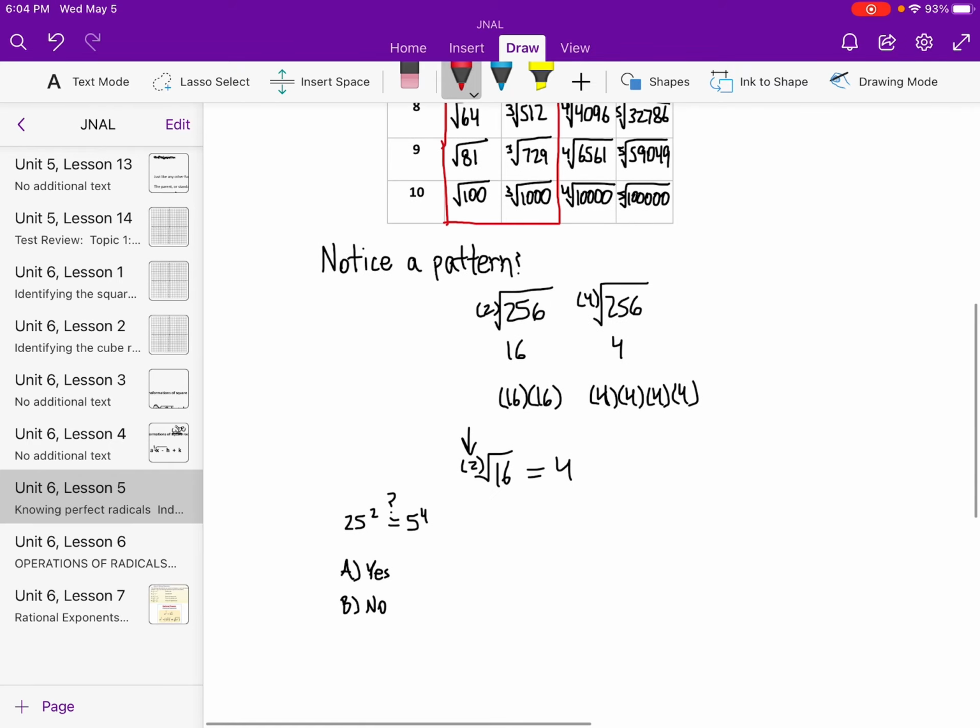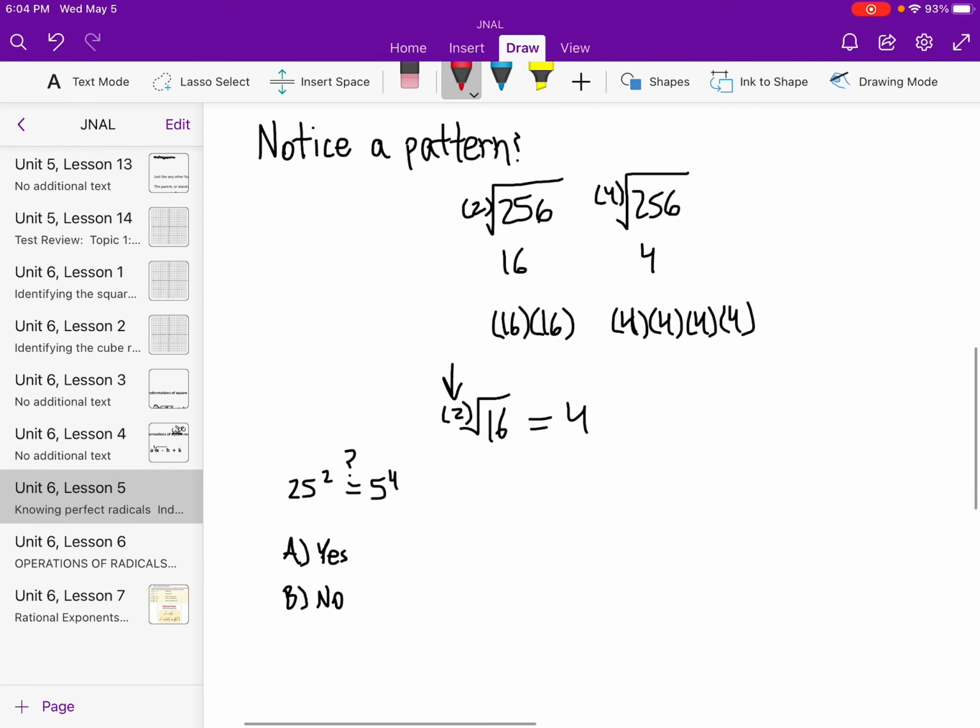And then I say down here, notice a pattern. If you see that the second root of 256 is 16, and then the fourth root of 256 is 4, that makes sense, doesn't it? Because if you take only the second root, you still have 16, and then you can take another second root, which really we call the square root. So if you take the square root of 256, you get 16, but you can take the square root of that.